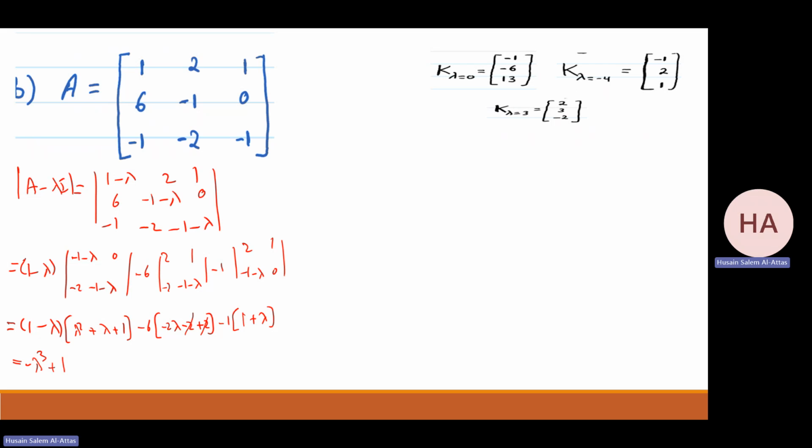Plus 12 lambda, minus 1 minus lambda. So this is cancelled. So I can take minus lambda as a common factor. I have lambda square minus 12 lambda plus 1. Plus 1? No. Take minus lambda as the common factor.